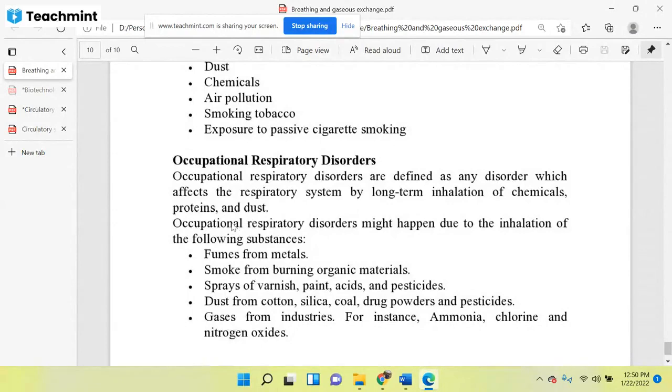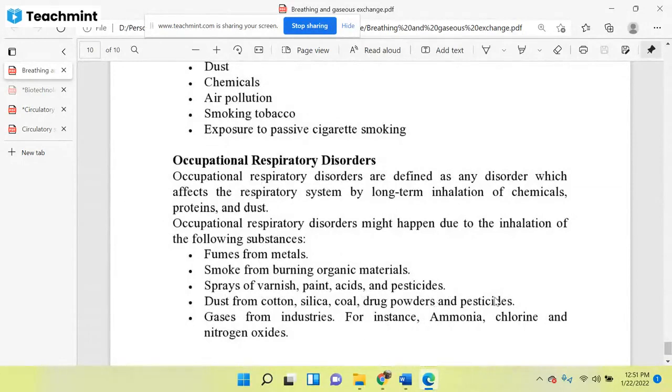Here, occupational respiratory disorder might happen due to inhalation of the following substances. Since we are inhaling unwanted substances which are harmful to our lungs, they will ultimately cause this disease. So here: fumes of metals, smoke from burning organic materials, spray of varnish, paint, acid, and pesticides, dust from cotton, silica, coal, and drug powders.